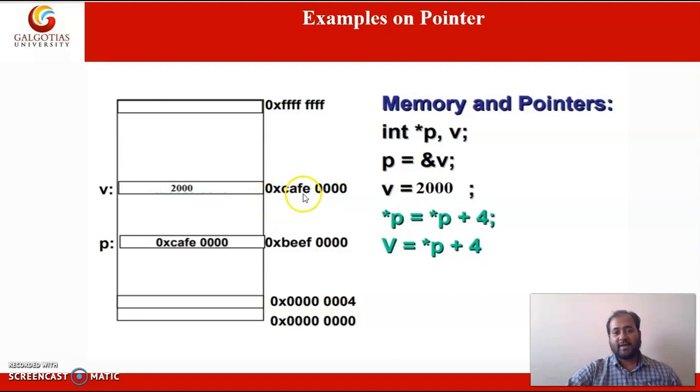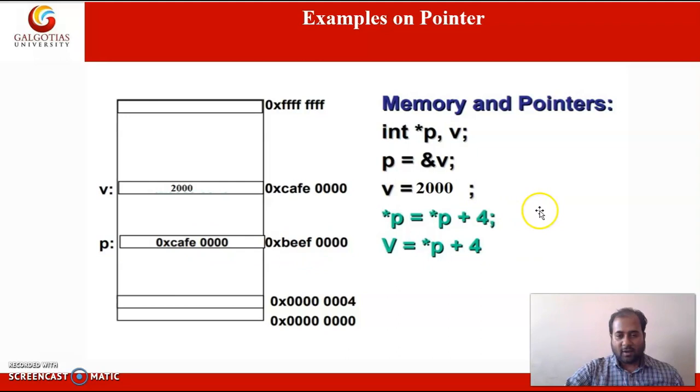This is the hexadecimal address. This address will be stored in p. So you can see the address of variable v is the value of variable p, and p also has its own address.